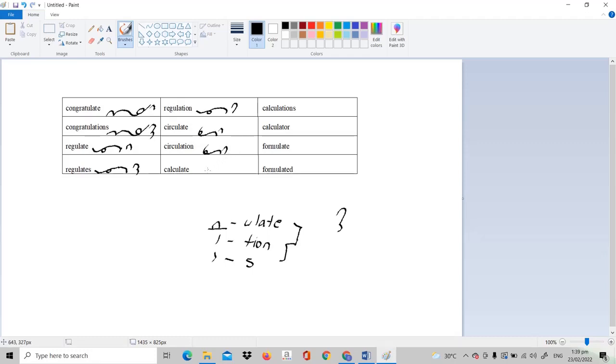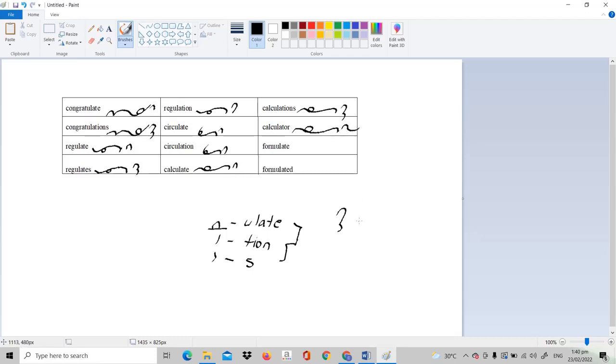Next, we have calculate. Calculate. Next, calculations. Calculations. Calculator. Calculator.